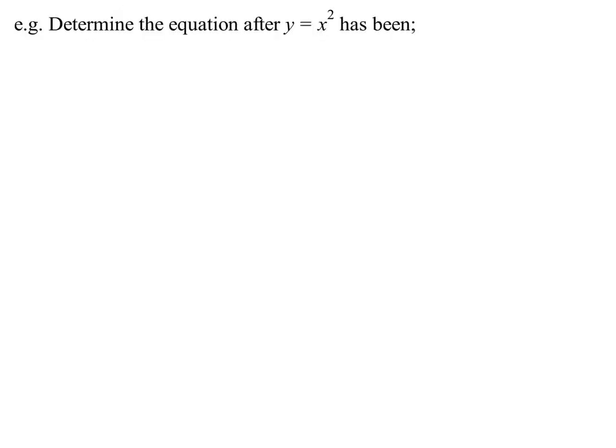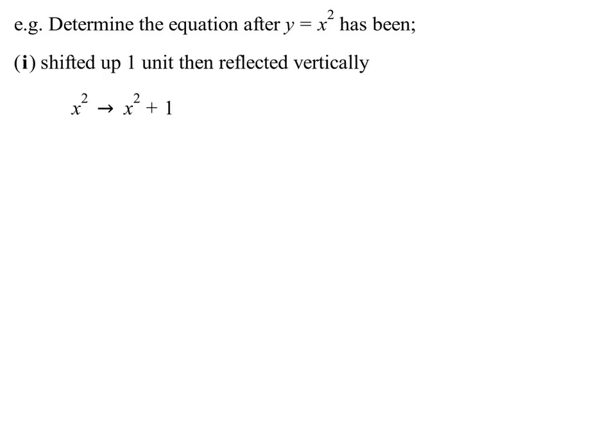Determine the equation after y equals x squared has been, first of all, shifted up 1, then reflected vertically. So the x squared would go to x squared plus 1. We've shifted it up 1. Reflecting it vertically, a vertical reflection was minus the function, so the complete function. So we got minus x squared plus 1, which is y equals minus x squared minus 1.